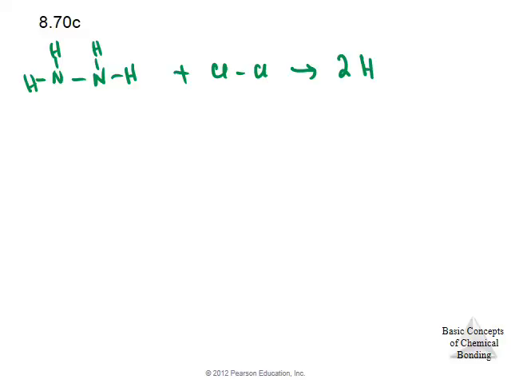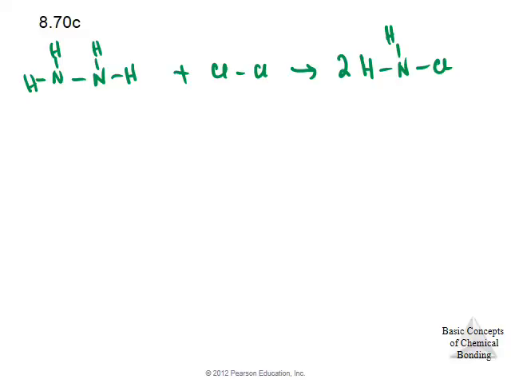Let me now go over 8.70C. Okay, the question that I'm going to first write down is NH2, and H2, and then there is another NH2 group, plus Cl2, that gives two moles, or 2 molecules, of H and H bond and then Cl bond.